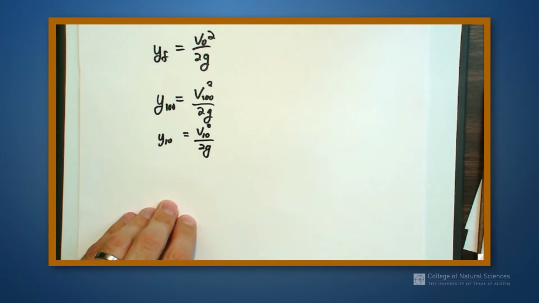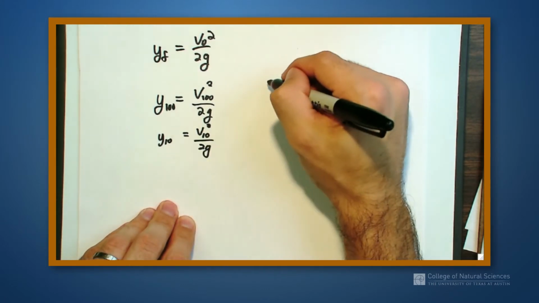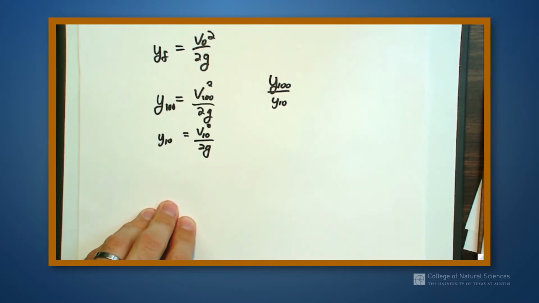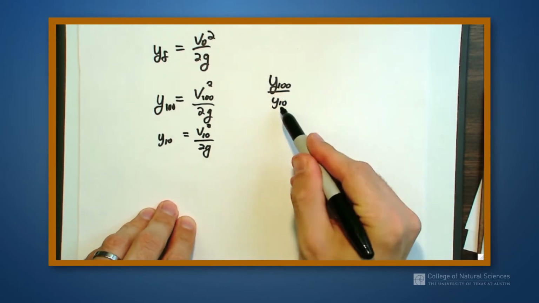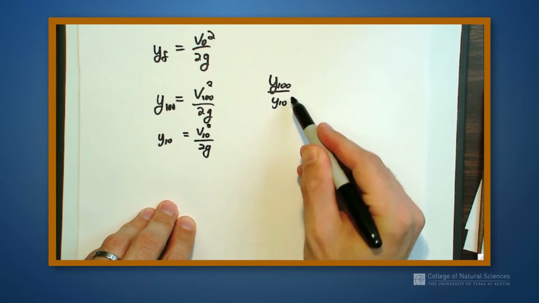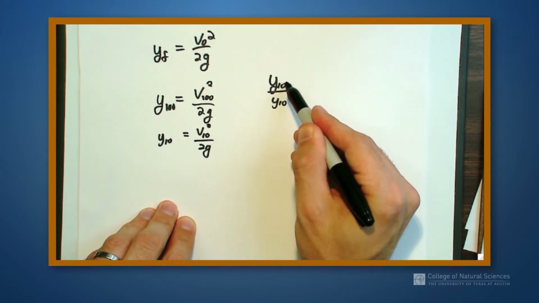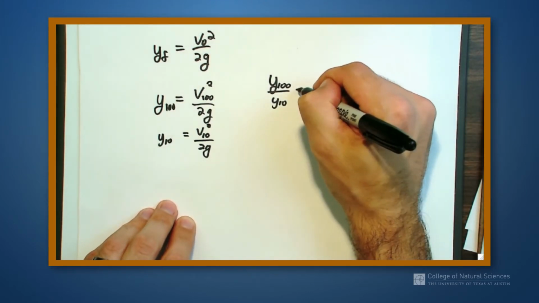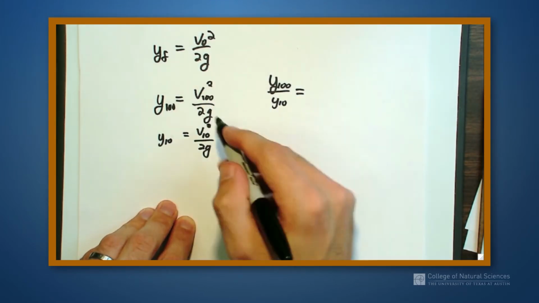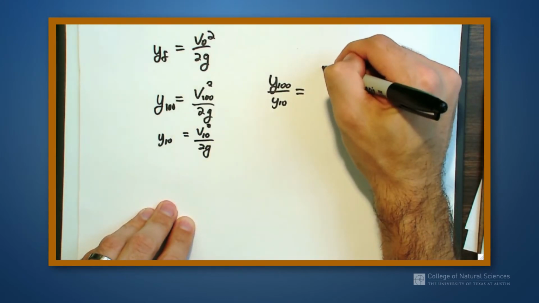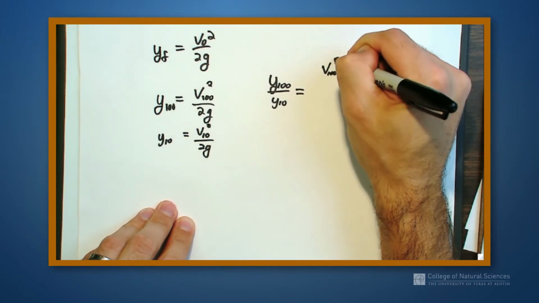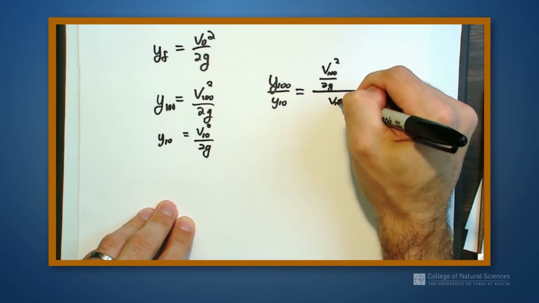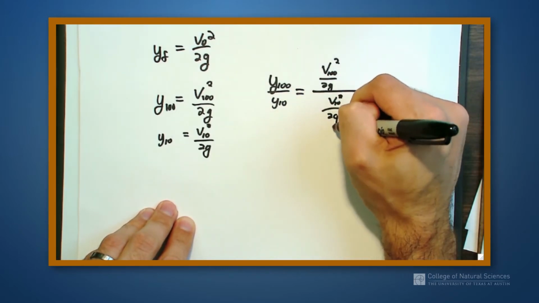And I want to know how many times larger. So really what I want to know is y100 over y10. How much larger is this one than that one? How much higher did the 100 meter per second one go than the 10 meter? It's a ratio problem. So all I'm going to do is substitute in what my equations are. v100 squared over 2g all over v10 squared over 2g.